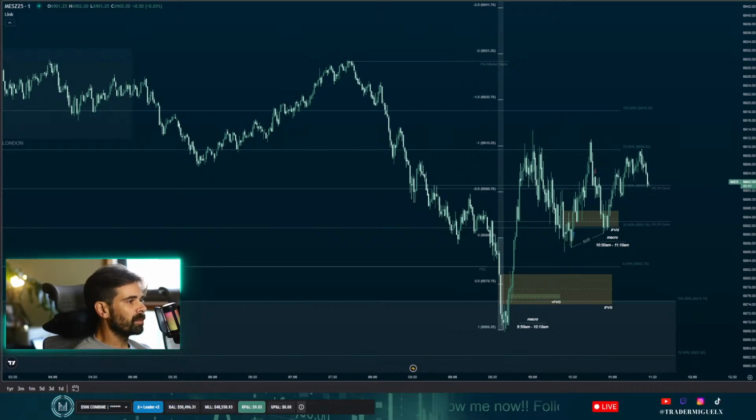It will probably move somehow, but at some point it will start to range, and it's doing it. So I'm not expecting a big move here after 11:30. It might happen, but I'm not sure about it right now.